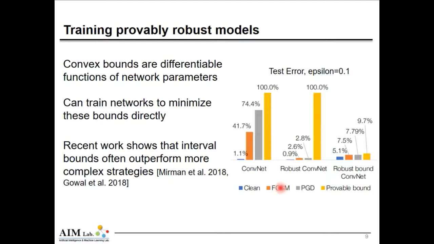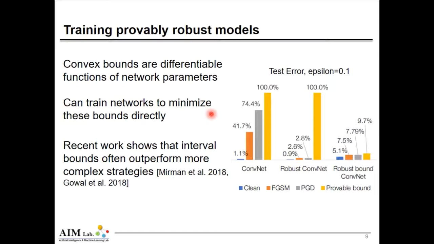Convex bounds are just a differentiable function of the network parameters, and what that means is that the convex bound we have is also a differentiable function of the model parameters.